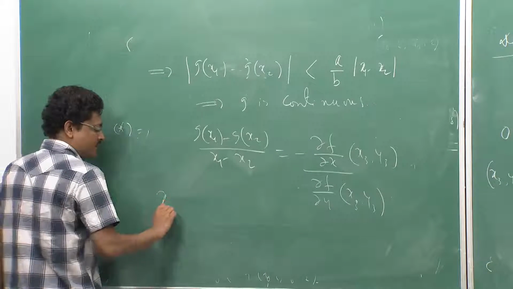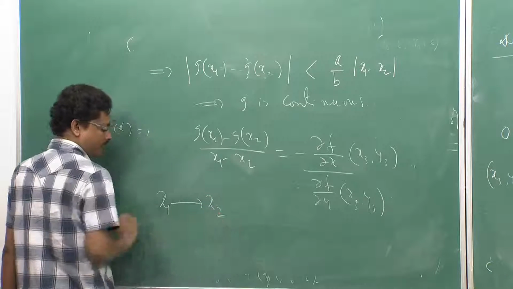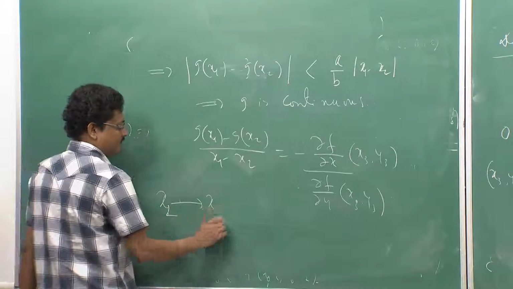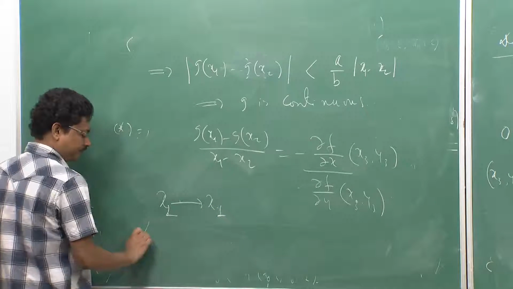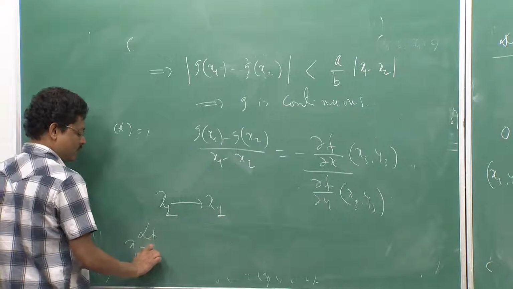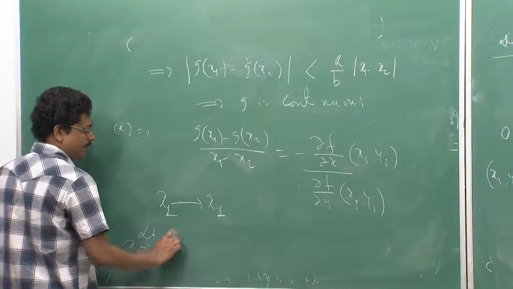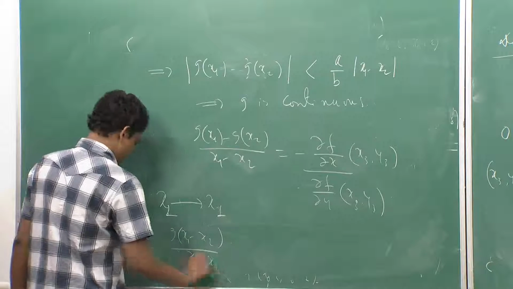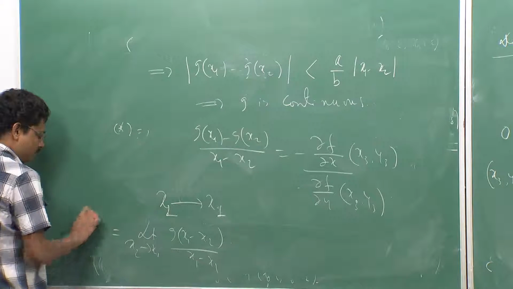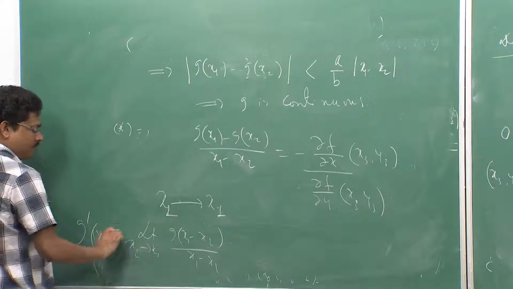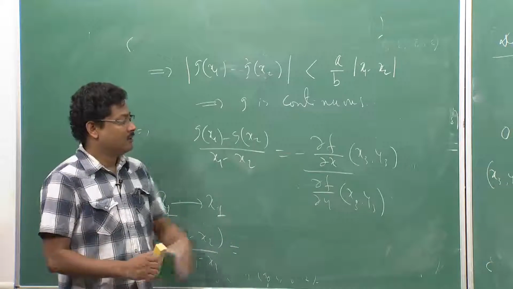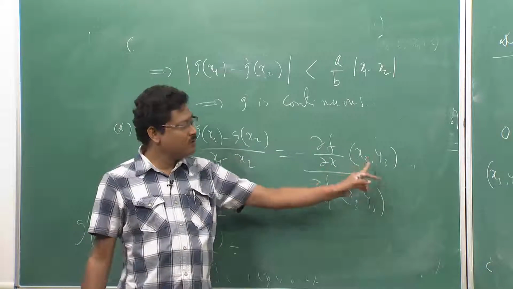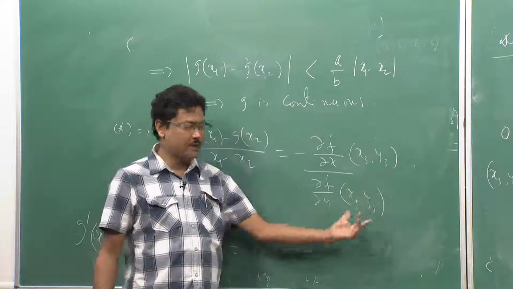Okay. So, suppose x2 goes to x1, I take the limit. What will happen? The left hand side is actually the derivative of g at x1. As x2 goes to x1, (x3, y3) is in the line joining them, so (x3, y3) will also collapse to (x1, y1).